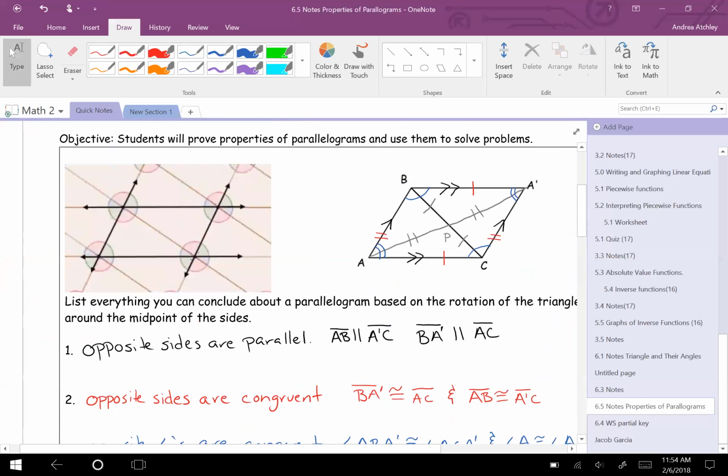Okay, when I rotate my triangle, what corresponds to this B, if we look here, it's the blue one here, is this blue one over here, which would be C. Does that make sense?